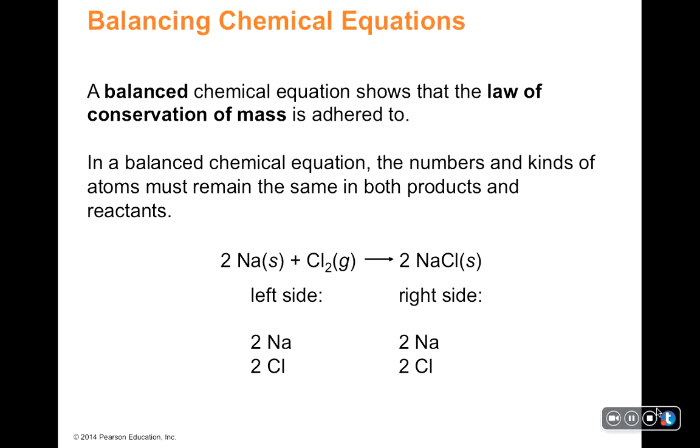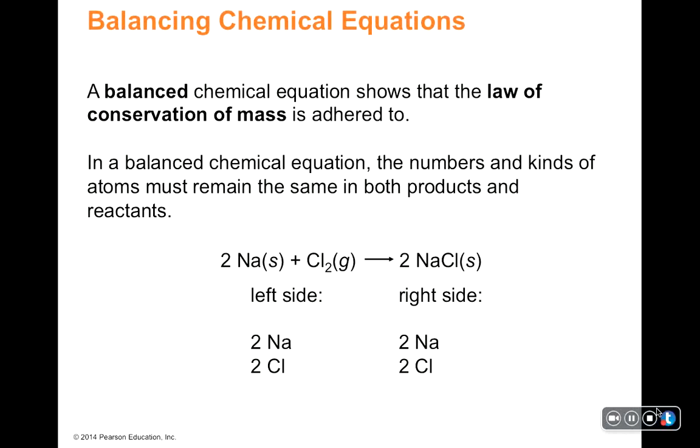Now, a balanced chemical equation follows the law of conservation of mass, and the number and kind of atoms in a balanced chemical equation have to be the same on both the left and right-hand side of the arrow, meaning on both the reactant and product side of the reaction. That means that the subscripts that you see, in this example the chlorine gas, mean there are 2 chlorine atoms there.